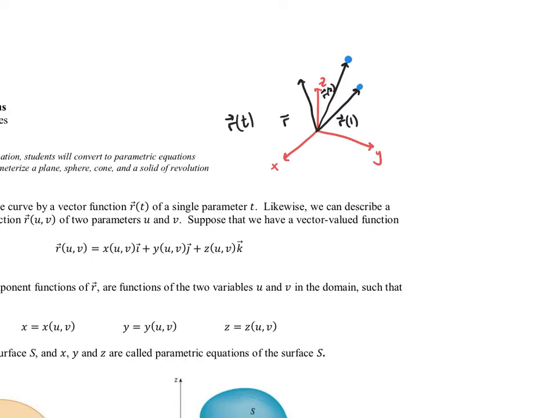Maybe this is r of 3, and you put a point in space, and these points then are connected in the form of a space curve like that.